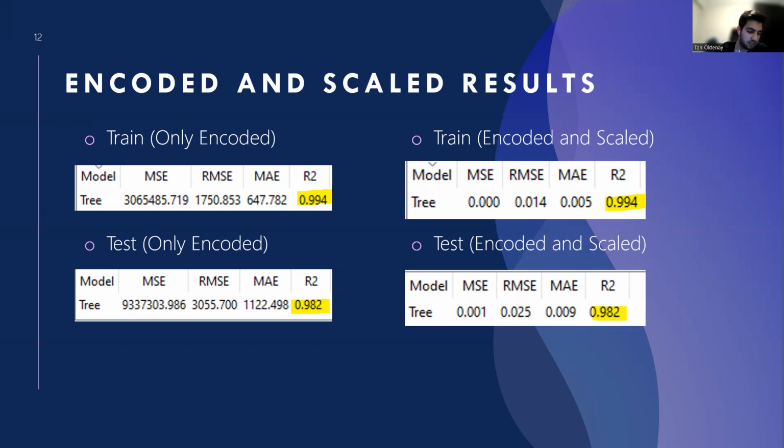Because in the first part, let's say the ticket price is like $300 and our prediction is maybe like $350. When we scale them into 0 and 1, it's... Mostly we don't scale the target value.